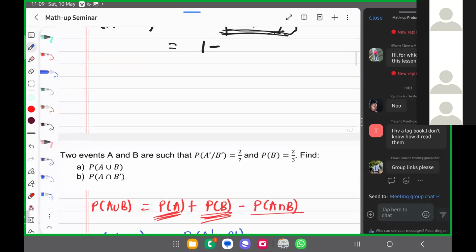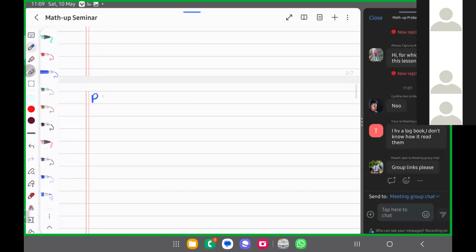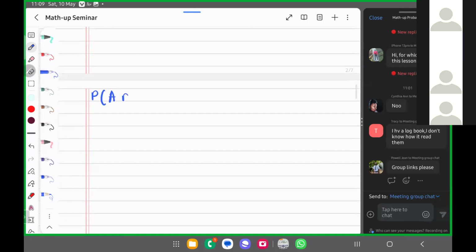Part B wanted us to find probability of A intersection B complement, or probability of A only. So probability of A only can be got from getting set A and subtracting the intersection of those two sets, if I use the set concept.